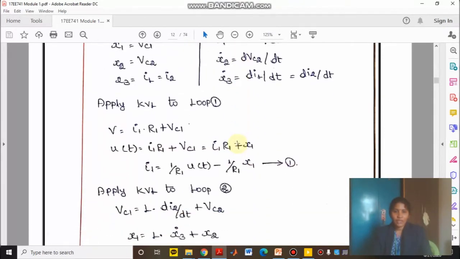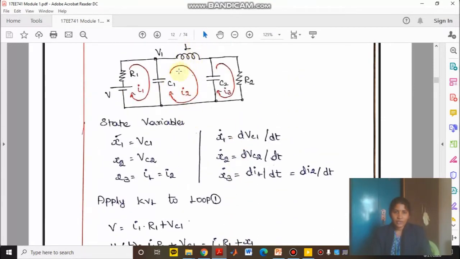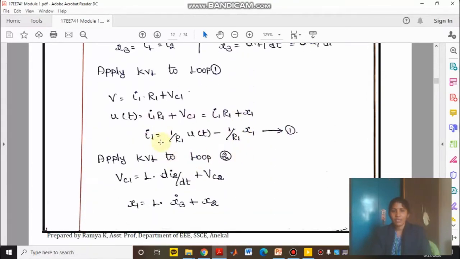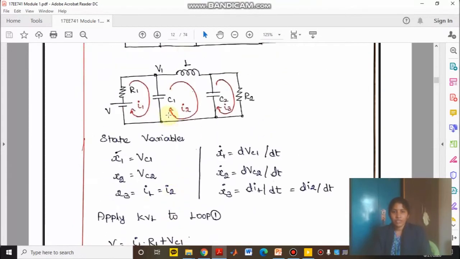When you apply KVL, VC1 is equal to L into di2 by dt plus VC2. When you apply KVL to loop 2, the sum of input voltages is equal to the output voltages.